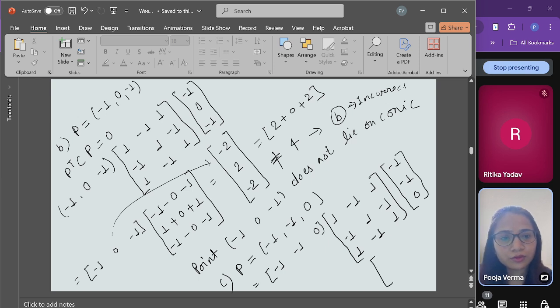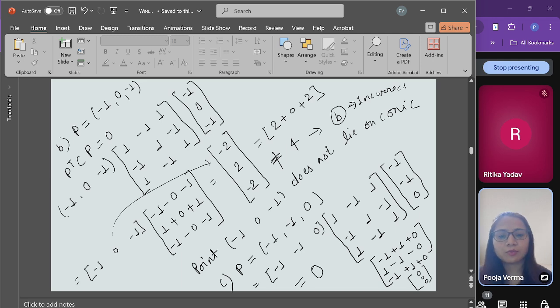So -1 plus 1 plus 0, right? Plus 1 minus 1 minus 0, minus 1 plus 1 plus 0. So here again you will get all 0, right? So if you multiply with this, you will get only 0. So that means the point -1, -1, 0 is also lying on the conic.